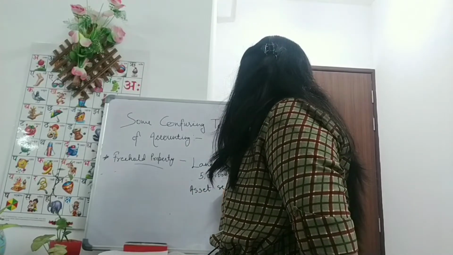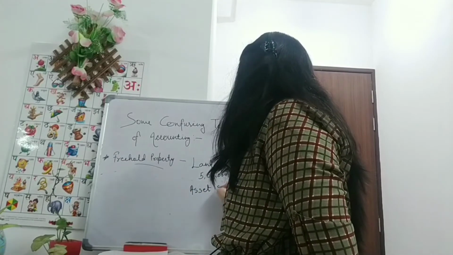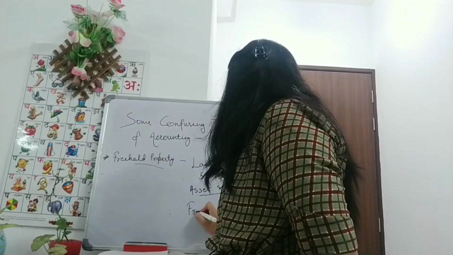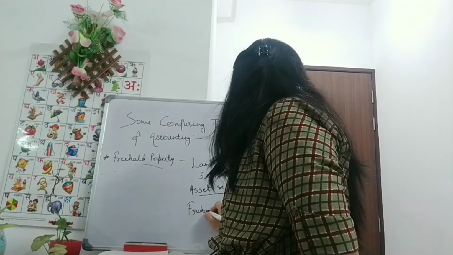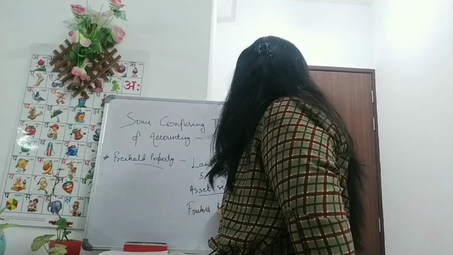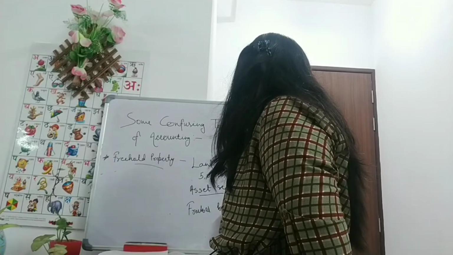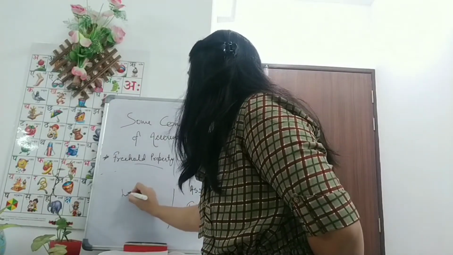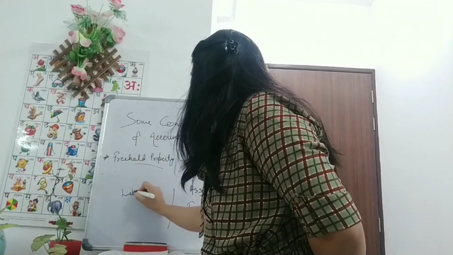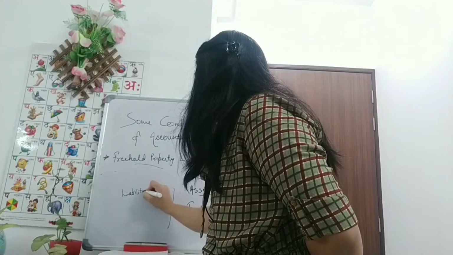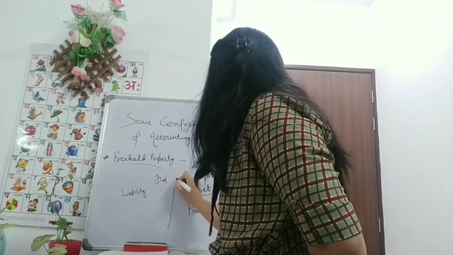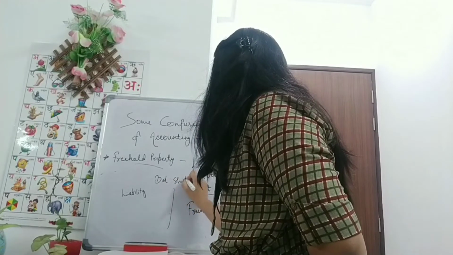This is the asset side, which is the right side of the balance sheet. Then this will be recorded as freehold property. This is the liability side, and this is the balance sheet. I'm writing in a very short way.